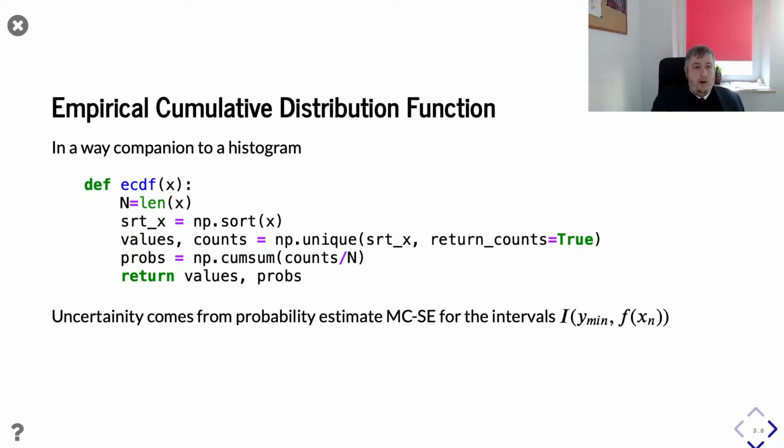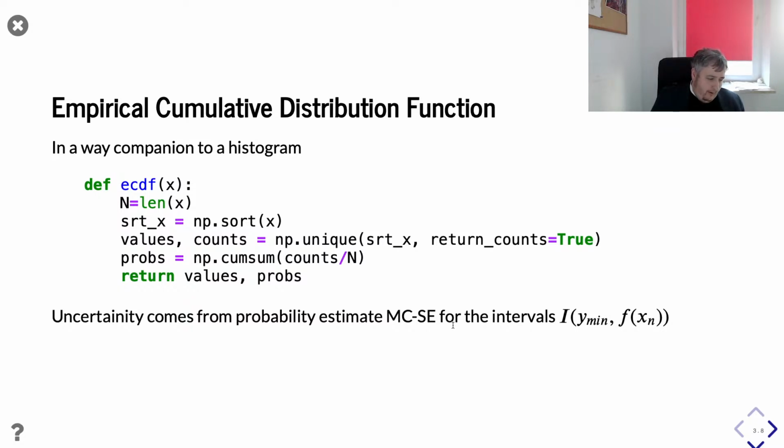A companion to the histogram is the empirical cumulative distribution function, the ECDF, which is, I think, simplest to represent by code. Generally, it is computed by sorting the values of x in our sample, and then computing how many times each sample occurs.